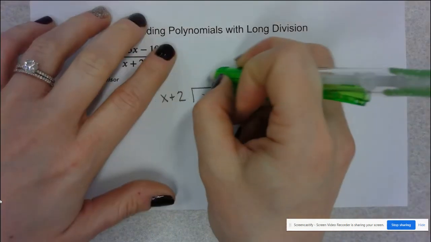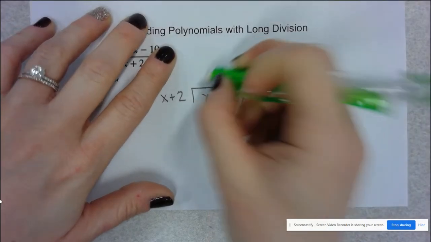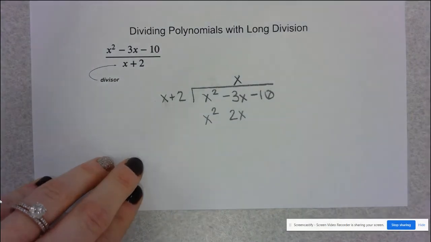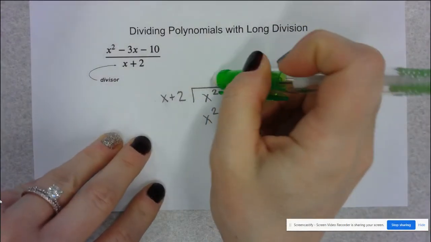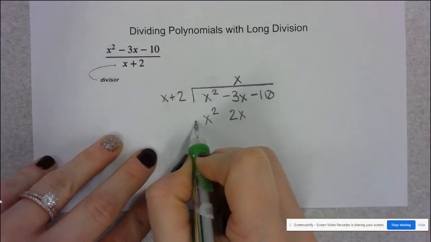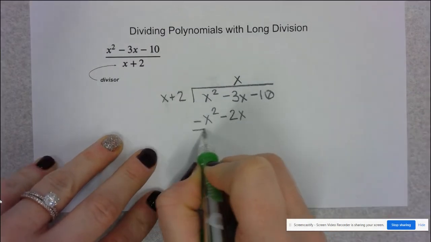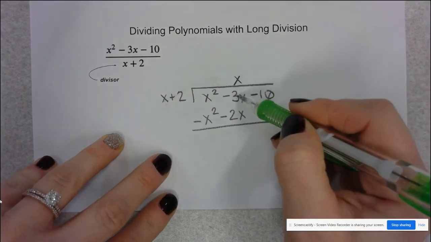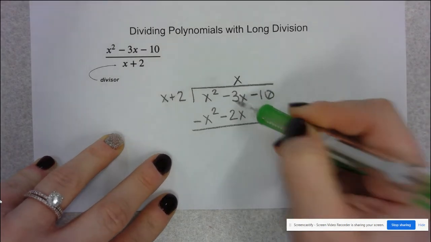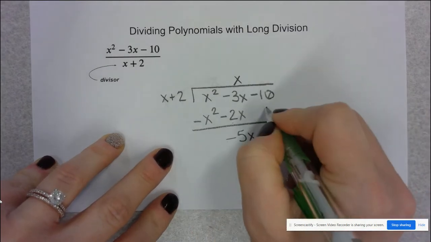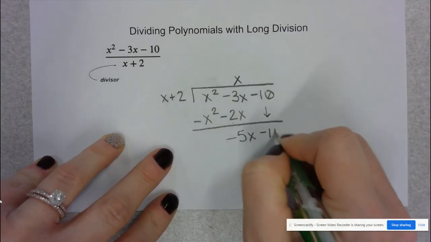And technically, if we're going to be all specific about it, that should go over the x's and not the x squareds. All right, now I'm going to subtract. So I have negative 3x minus 2x giving me negative 5x, and I'm going to bring down the minus 10.